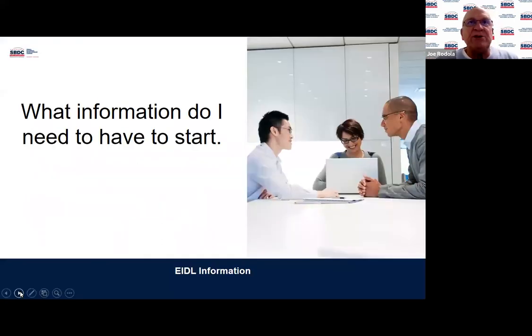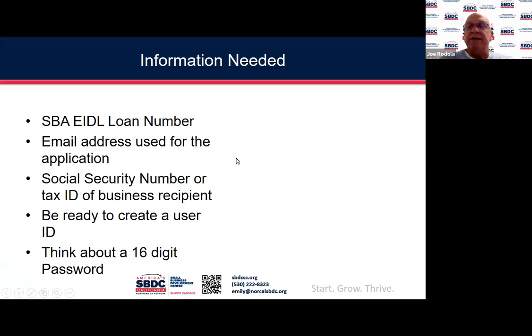Okay, so what information do you need before you go online for this EIDL? Here's what you need. There's a difference between the SBA application number that you originally had when you went in to apply for these loans and your loan number. The loan number actually came with your finalized online signed documents that hopefully you printed, okay?